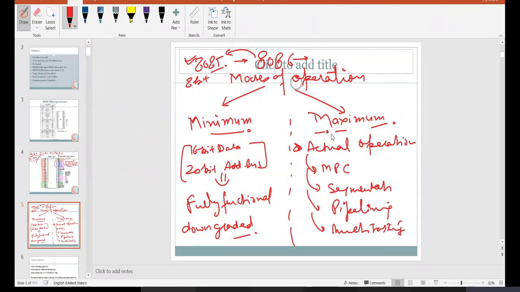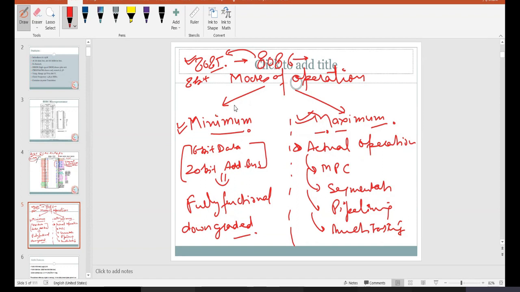This is where the maximum utilization of 8086 capabilities will take place. In minimum mode, only minimum downgraded functions, just like an old 8085 processor. In maximum mode, the full-fledged operation will take place.